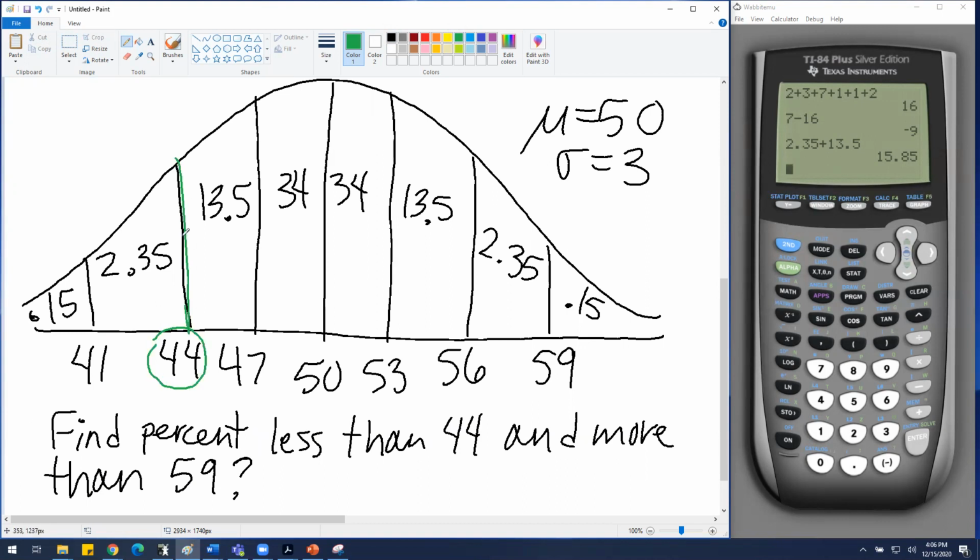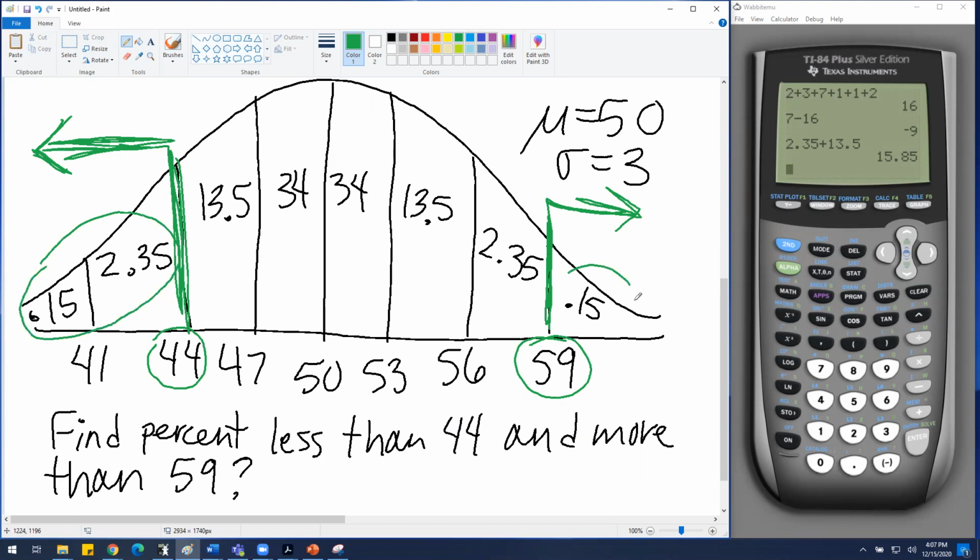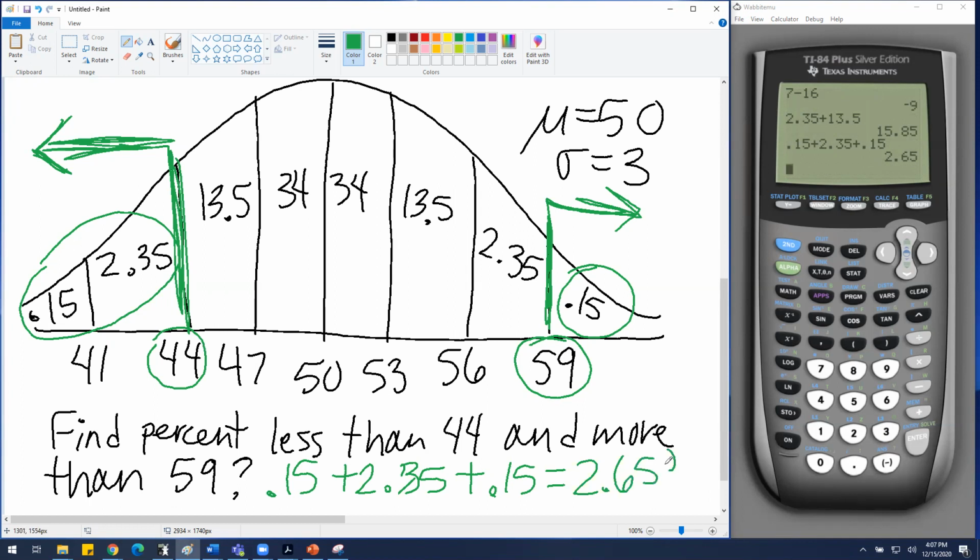It said less than 44. So on your chart, we're going to go towards the left. And then the other number was 59, and it said more than 59. So we're going to go towards the right. So your total percentage are these two numbers on the left and this one number on the right. So 0.15 plus 2 plus 0.15, put that in your calculator. 2.65%.